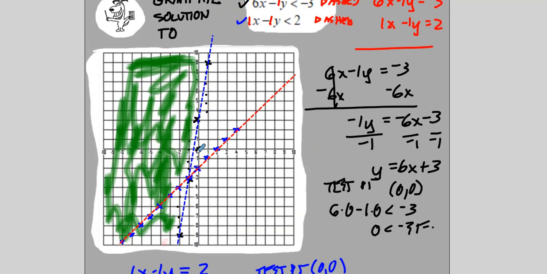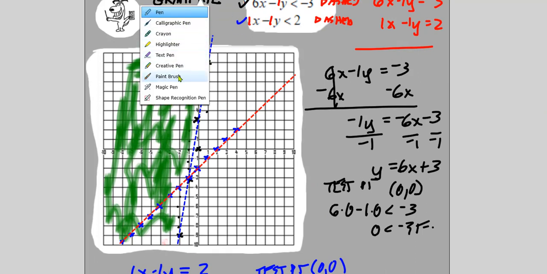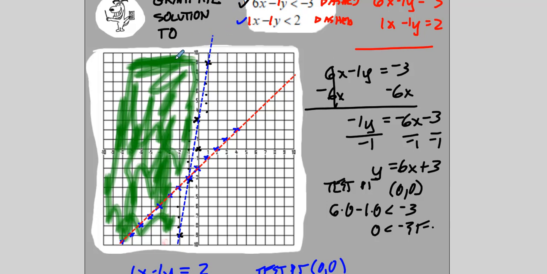We have the red line. The test point makes this true, so we shade up the upper half plane. So the common solution is this right here.